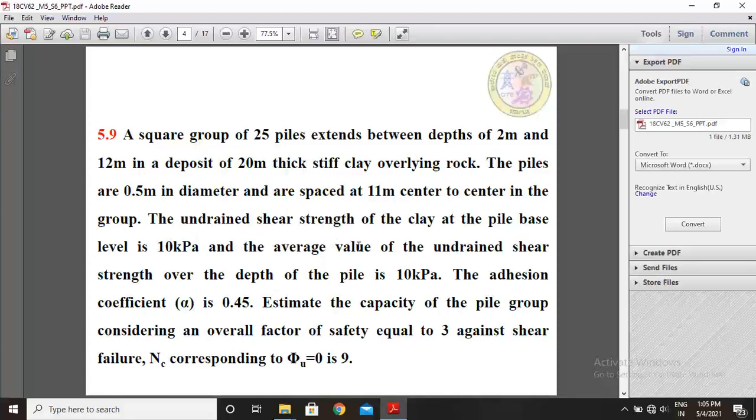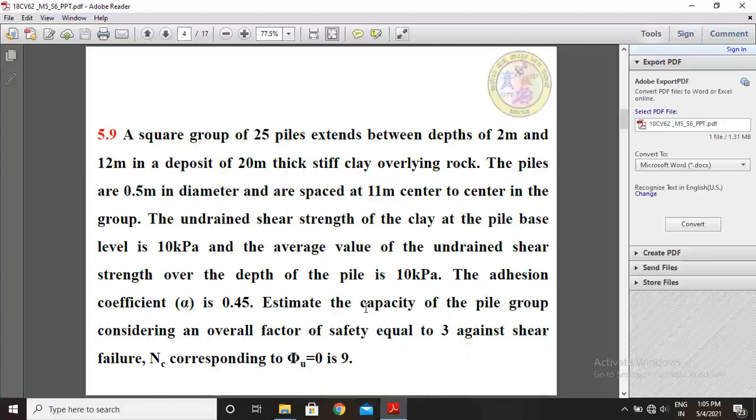The undrained shear strength of the clay at the pile base level is 180 kPa, and the average value of the undrained shear strength over the depth of the pile is 110 kPa. The adhesion coefficient is 0.45. Estimate the capacity of the pile group considering an overall factor of safety equal to 3 against shear failure. Nc corresponding to phi equal to 0 is 9.